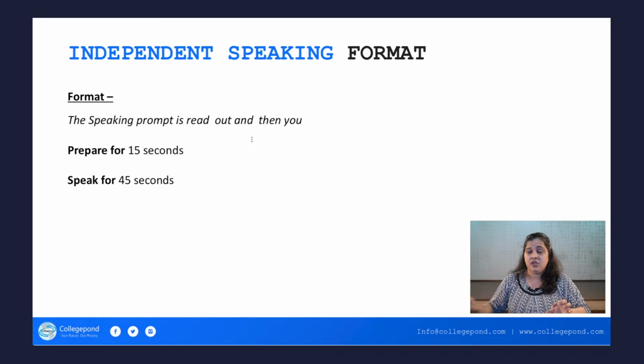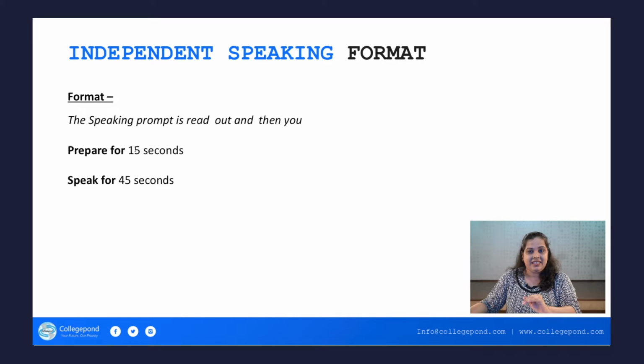It will not change. So for example, when the question starts, the speaking prompt will be read out to you. So you will also be able to listen to the prompt, and you will see it as well on your screen in front of you. And once the prompt is up, you will get 15 seconds. There will be a short beep, and then you will have to think about that topic for 15 seconds.